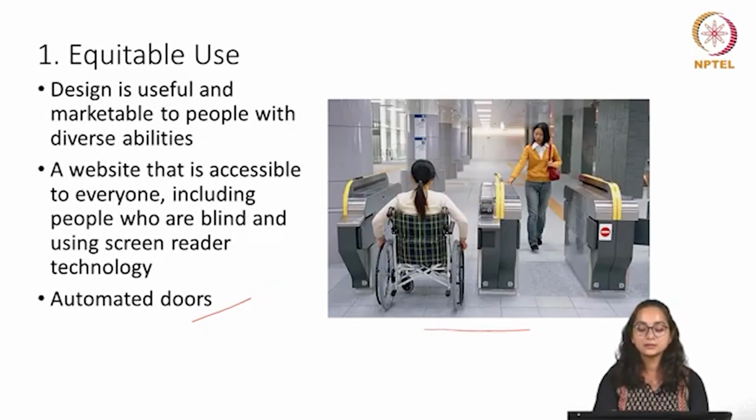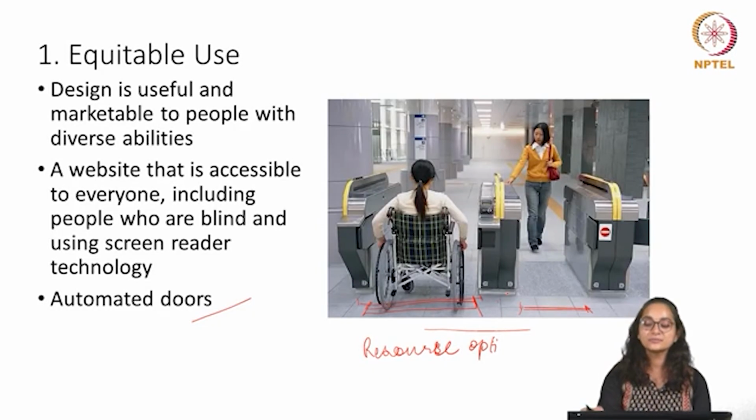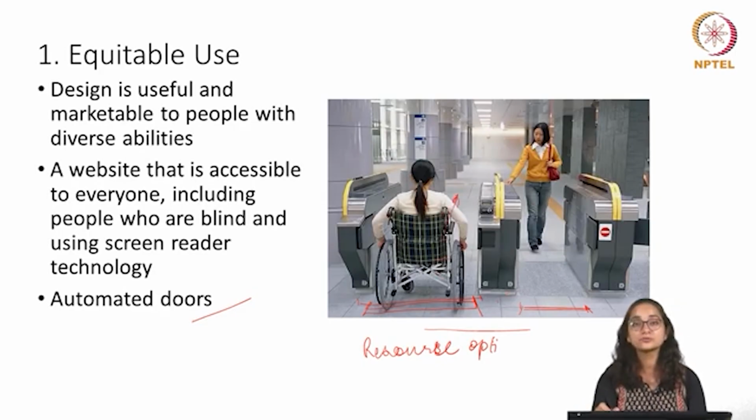There is a wider pathway in a metro passage, and also there are slimmer pathways, because we also need to do resource or space optimization. One may argue, why not keep all of the passages thick, because it will allow a person without a wheelchair to pass through, and with a wheelchair also to pass through.